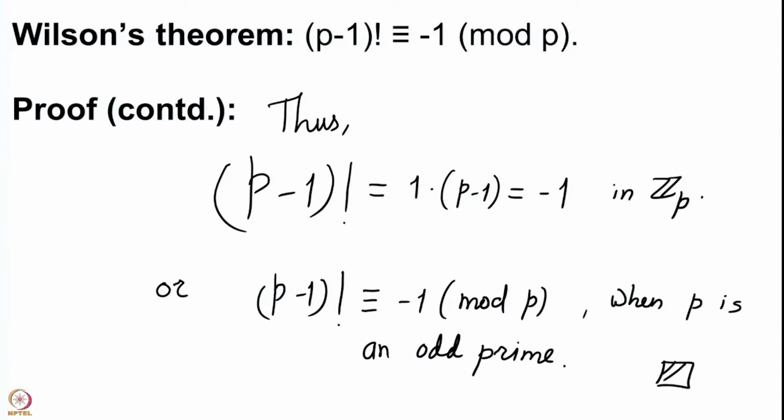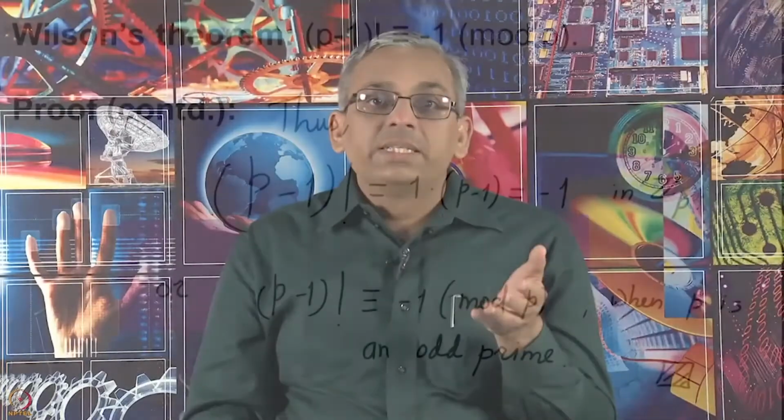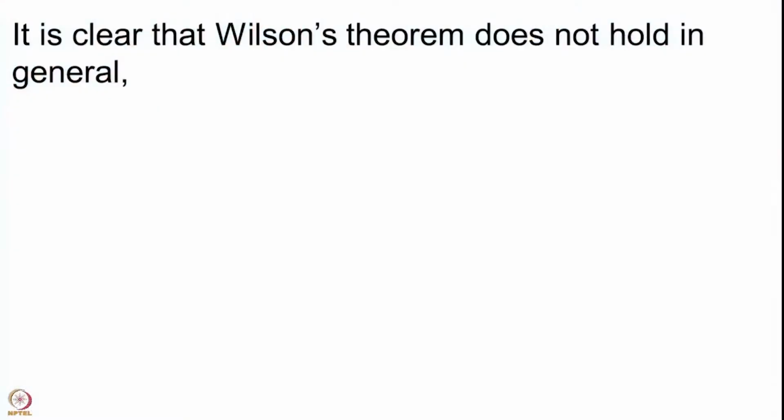So, the proof is quite simple, but remember that the intricate analysis that we have done for the number of solutions of x squared equal to 1 modulo n is one of the major steps behind the simplicity of this proof. Alright, so we have such a nice result and you may ask what would happen in general. So, clearly Wilson's theorem does not hold in general.